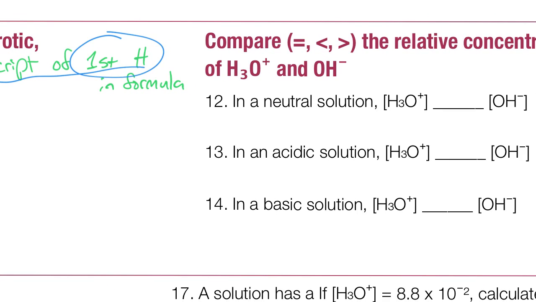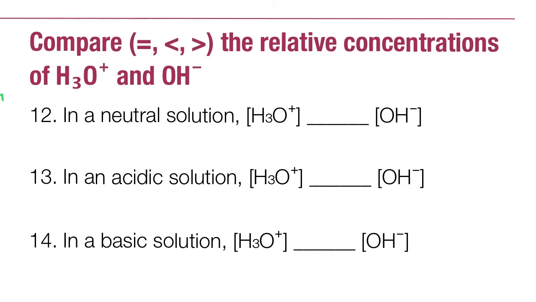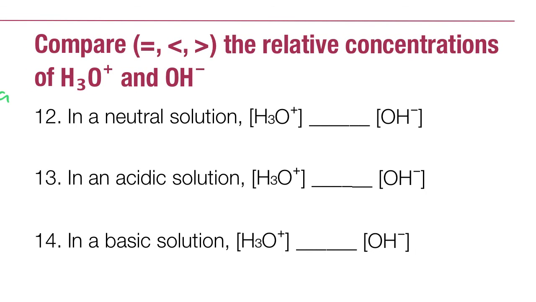The last problems that we'll look at in this video, and then I'll switch over to a new video just to break it up for you, is sections 12 through 14. This really comes straight out of our notes. It came from the lesson on the self-ionization of water, and we had a definition for a neutral solution, acidic solution, and basic solution that focused on comparing the hydronium ion concentration, that's what that symbol means, and the hydroxide ion concentration.